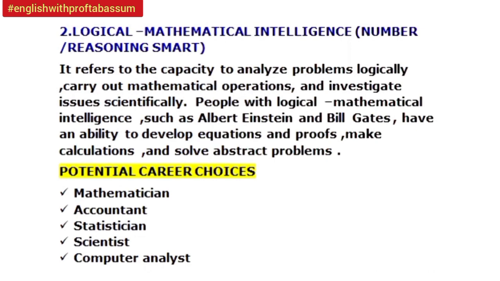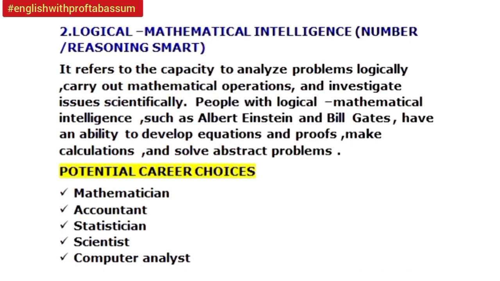Second type of intelligence is logical mathematical intelligence. When you are number or reasoning smart. If you have this type of intelligence, then you can easily analyze logical problems and carry out mathematical operations and also investigate scientific issues. Examples of this type of intelligence are Albert Einstein and Bill Gates.